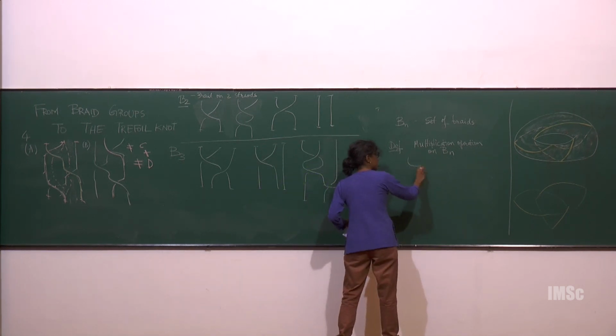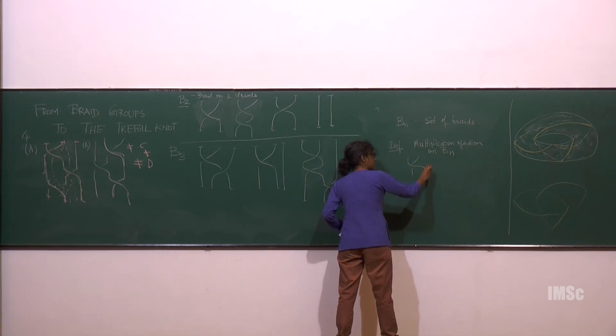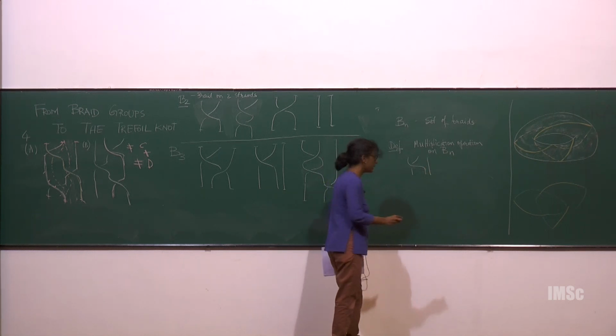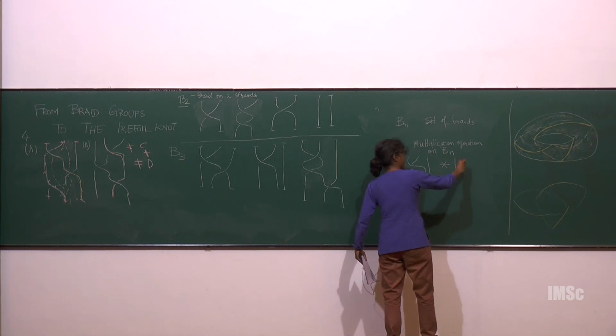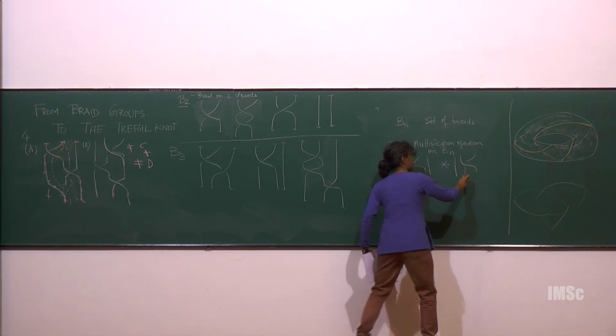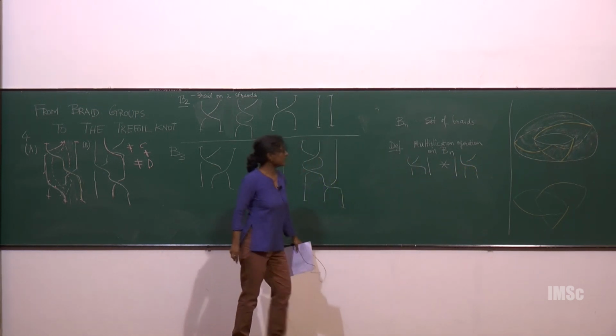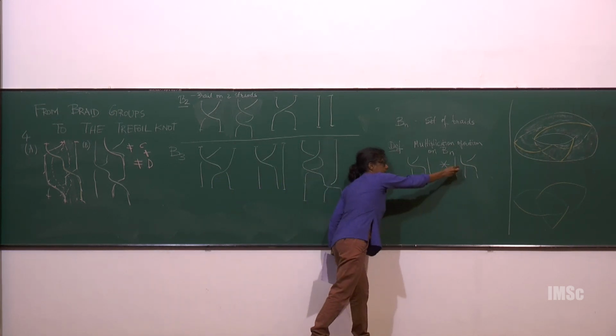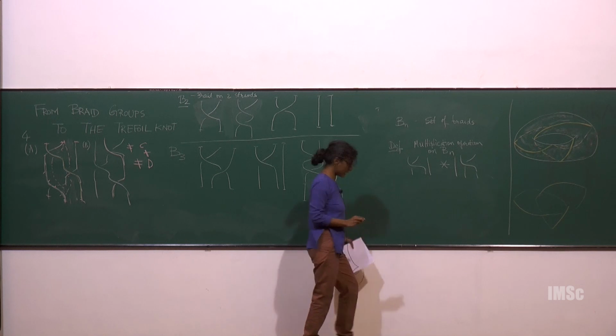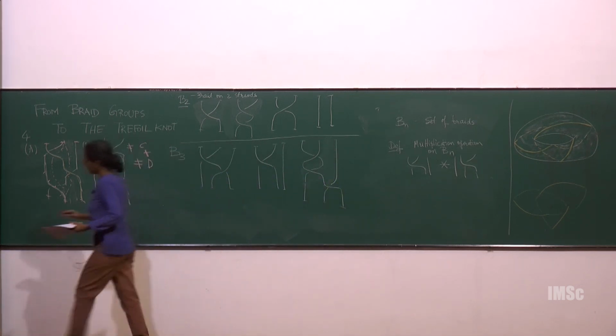So for example, I'll just show this via an example. So this is an element in B3. And let's take another element in B3. So I'll tell you how to multiply these two elements. And the way to multiply it is place the second element below the first element. So maybe again let me use colors.